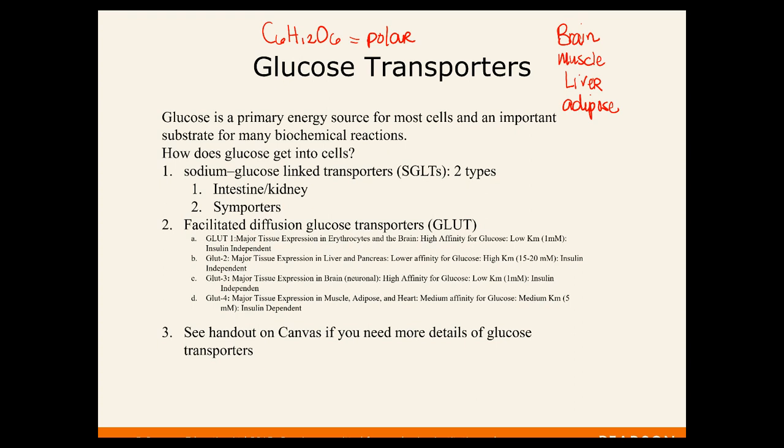So for brain, that's going to be neuronal cells or neurons, right? For muscle, it's going to be myocytes, liver, hepatocytes, and adipose would be our adipocytes, those fats.